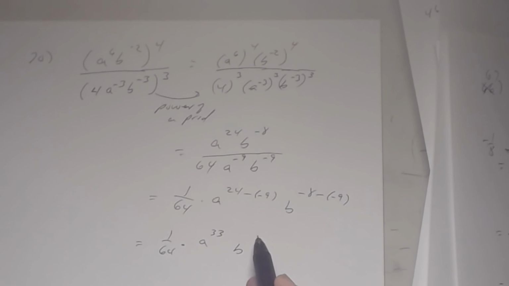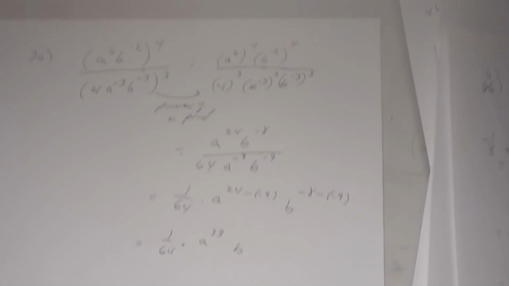And b to what power? Oh, yes, you're right. Thank you. I apologize. I was thinking negative 1, but it's 1 because that's negative 8 plus 9, which is 1. So that's b to the first. But remember, we don't say b to the first. We just say what? b, and that's what you were saying. Thank you.